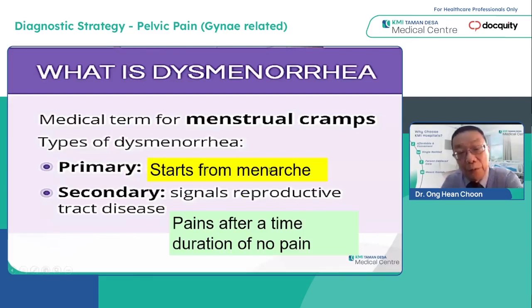The moment the woman has her periods, she already starts having the pain. Secondary means that there is a period of time where there's no pain, and after that there is pain. Once a woman has secondary dysmenorrhea, it signals that there must be some problem in the reproductive tract of the woman. So we have to seriously look for this.